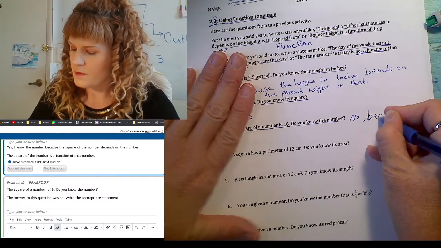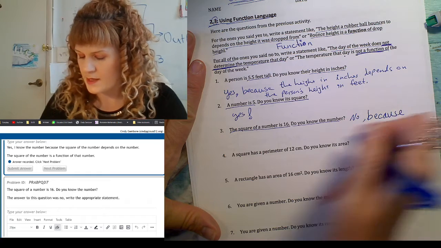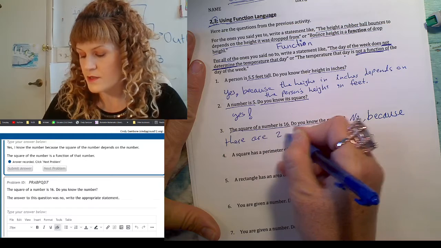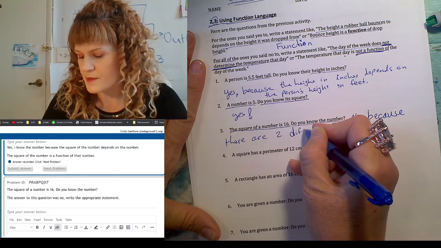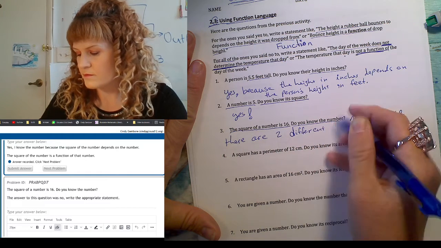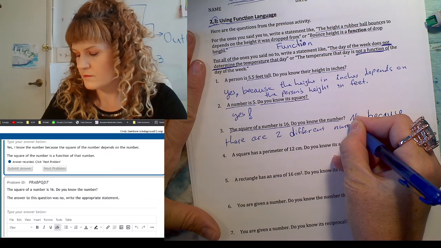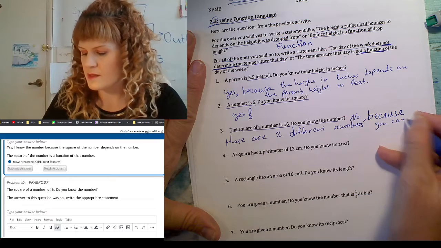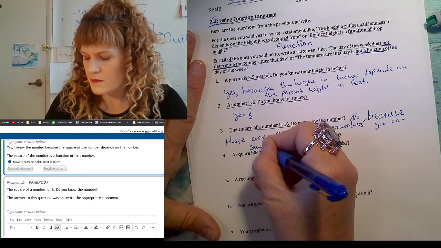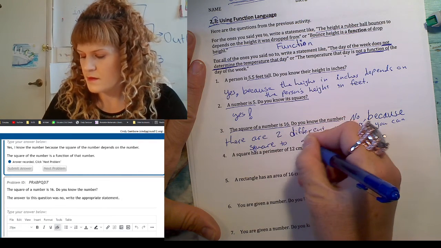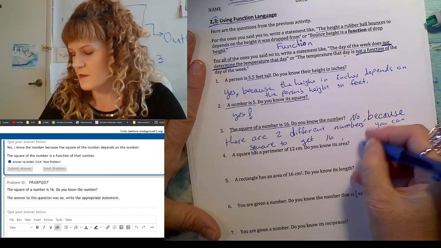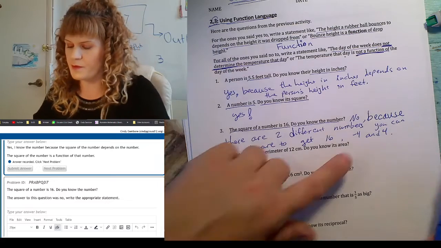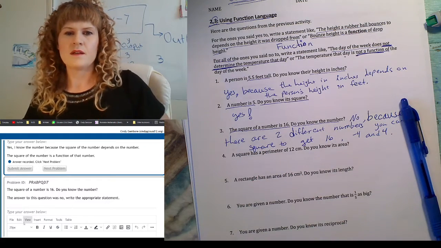No. Because there are two different numbers you can square to get 16. Those numbers are -4 and 4. Both of those squared gives you 16.